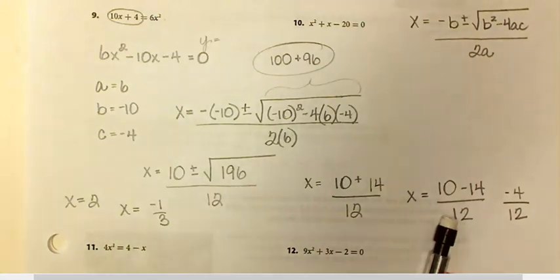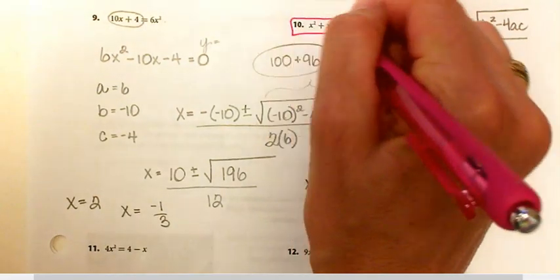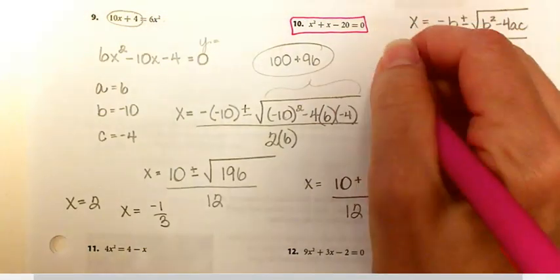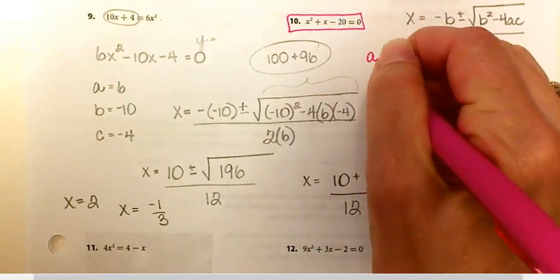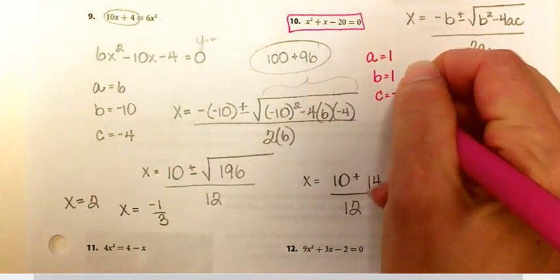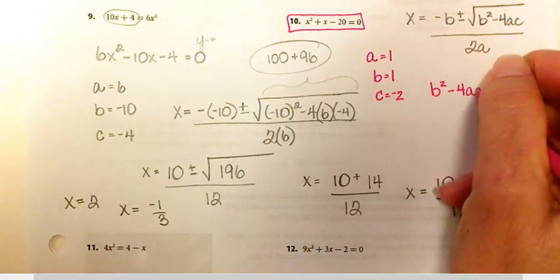Okay, on number 10, since I was such a big fat paper hog, I am just going to do the discriminant, and we'll figure out how many solutions. So A is 1, B is also 1, and C is negative 20. B squared minus 4AC.